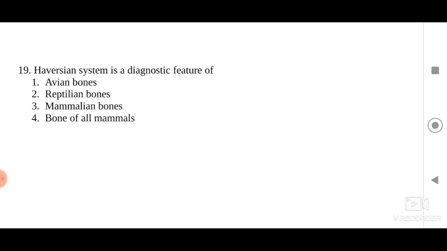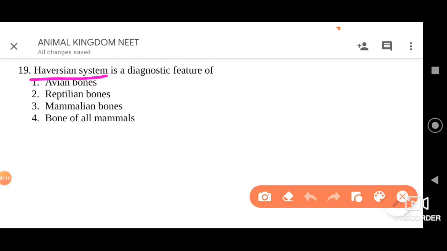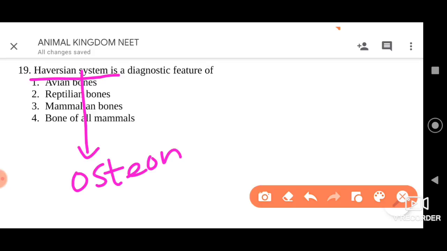Next we have, Haversian system is a diagnostic feature of avian bones, reptilian bones, mammalian bones and bone of all mammals. So when we are considering this Haversian system, my dear friends, in simple terms I can tell you that this Haversian system, or we can also call it osteon, is the structural unit of compact bone.